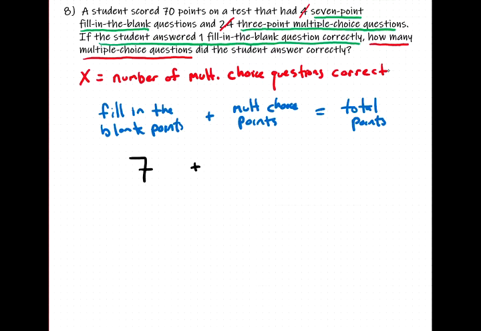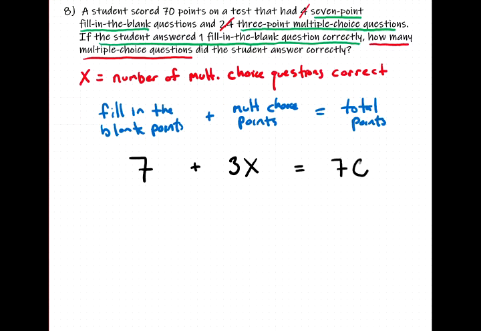So it's 3 times the number of correct answers. And we're calling that X. We're saying there's X correct answers among those multiple choice questions. And so if one of them is worth 3 points, then X of them, the number of points would be 3 times X. And the total points, that's given in the problem.